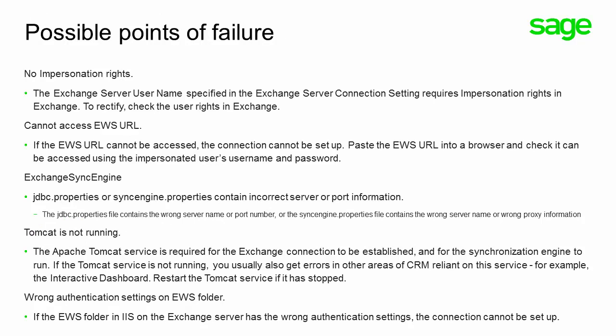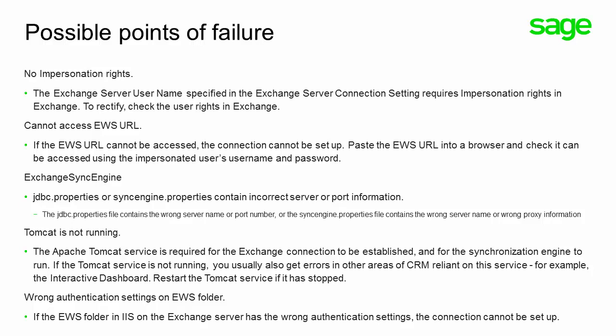All of this means that, from the Exchange setup all the way through to testing the connectivity to the EWS and granting the rights to the user, there are a number of different points of failure for our integration. So these are the areas that we need to be very mindful of when thinking about support. Do we have the correct impersonation rights? Can you actually access the EWS URL?